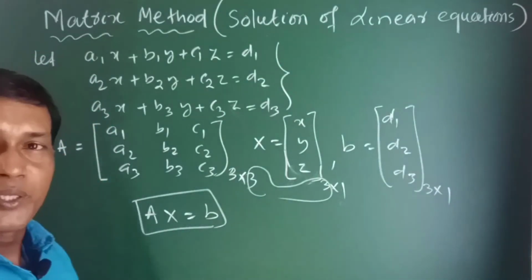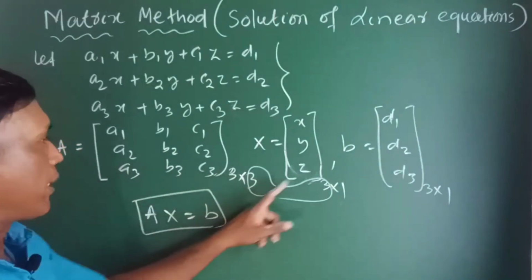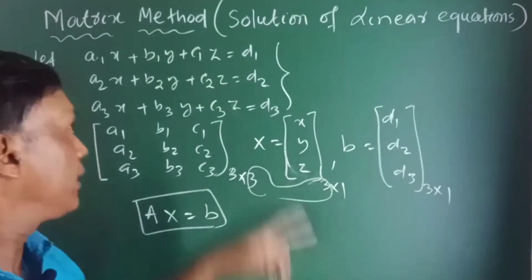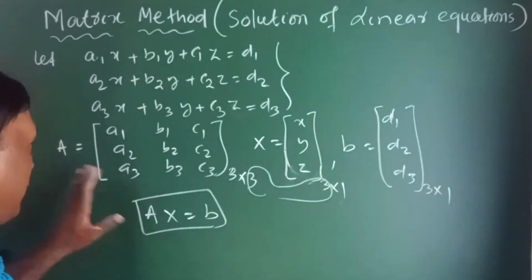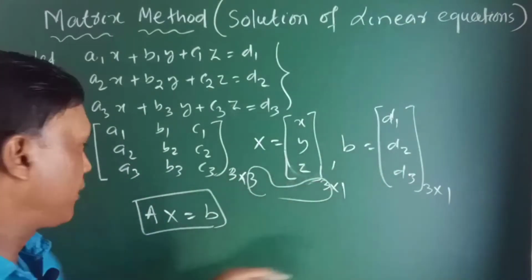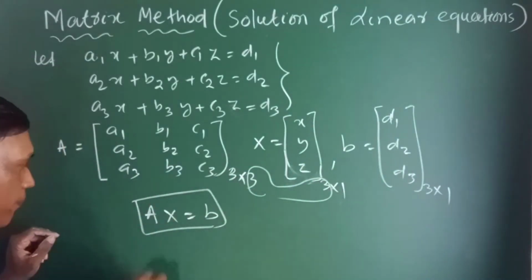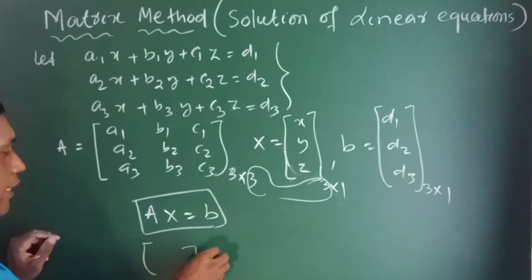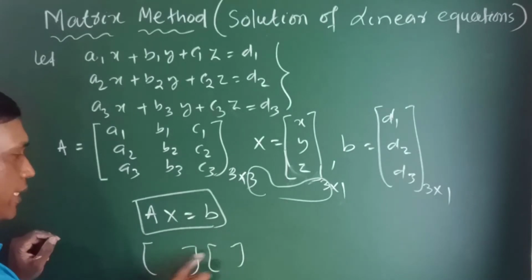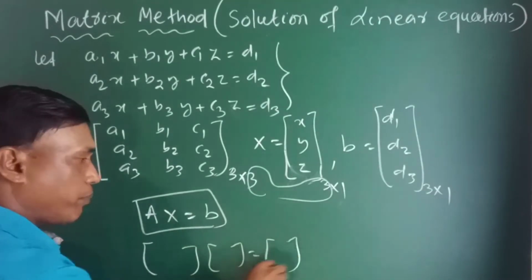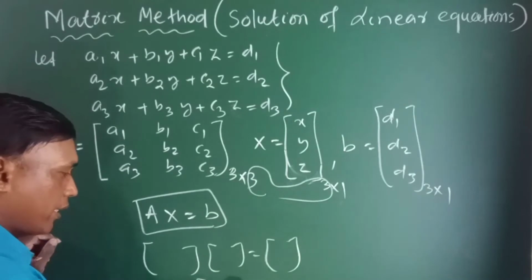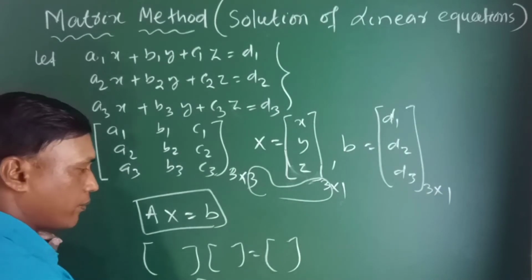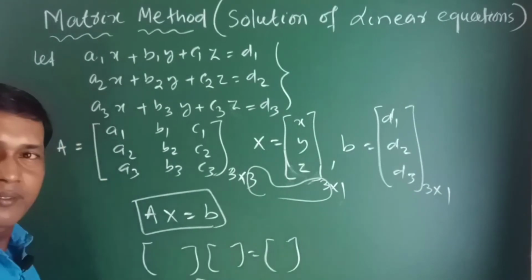Again, suppose you are given 3 matrices. How can you write them in equation form? Take A into X is equal to B, multiply A matrix into X matrix is equal to B matrix. You find here are 3 elements, and here are 3 elements.